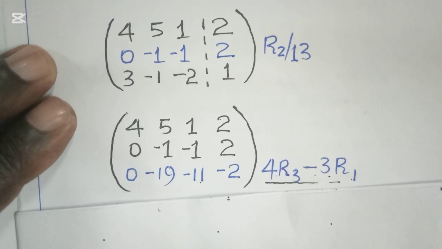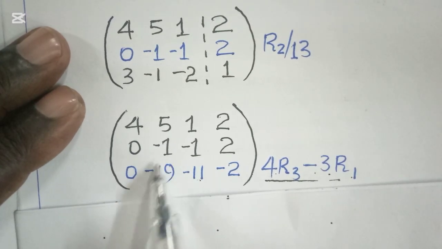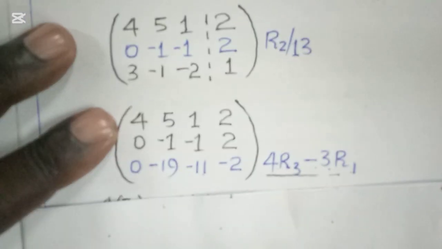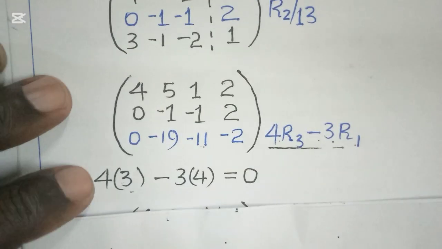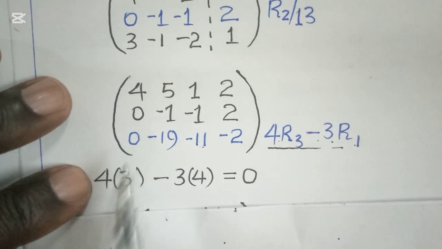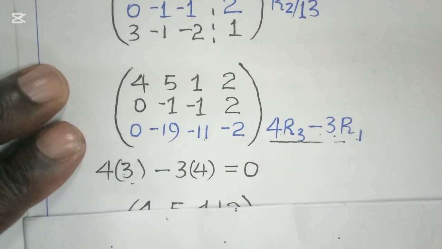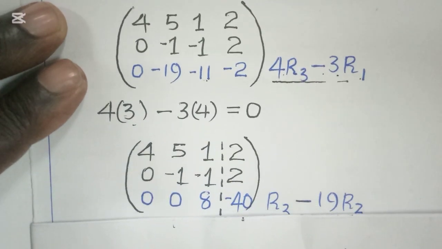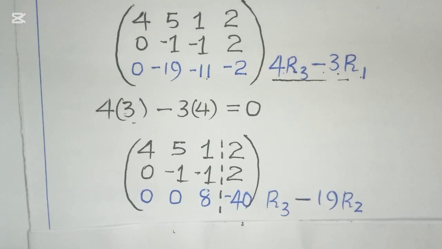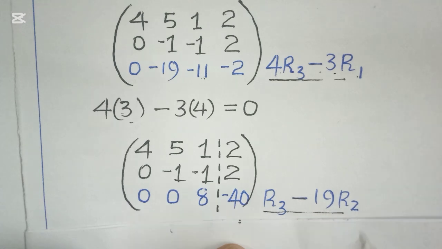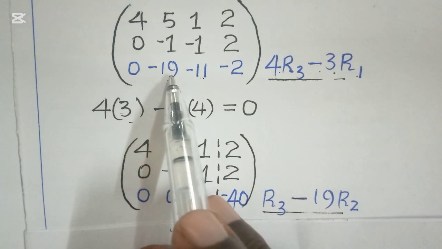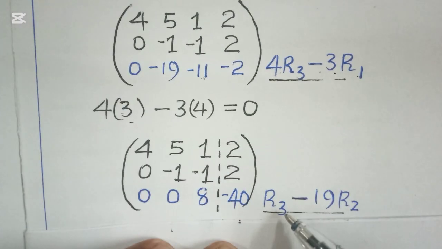So we continue. Now we are remaining with this number, and this is the operation we are going to do. This is what we have done to get 0. We now come to this row, because the row we want to change is this number right here. So we use row 3 and row 2.